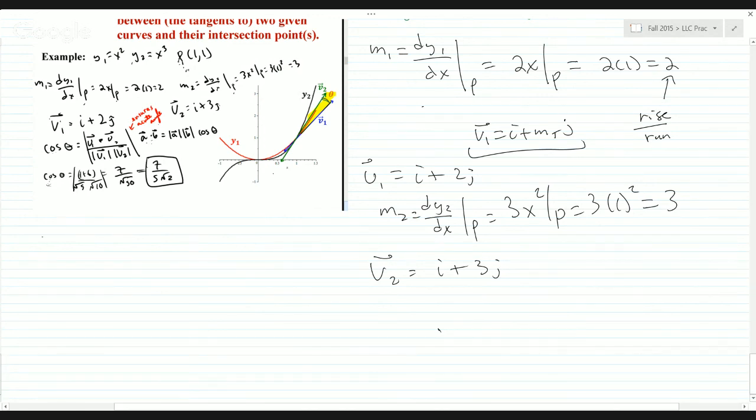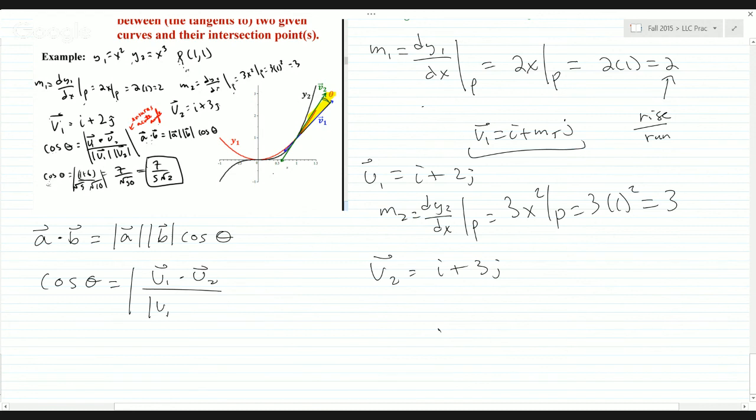When we originally did this, the definition of a dot product was A dotted with B times the magnitude of both of them times cosine theta. All right? That's a very basic definition of a dot product. So we get cosine of theta is equal to V1 dotted with V2 all over the magnitude of V1 times the magnitude of V2. Okay?